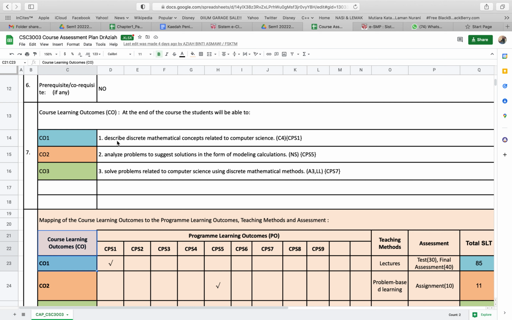We will introduce some theory, give you some problems, and based on your knowledge from the theory, you must be able to solve the problem. The last one is you must be able to solve problems related to computer science using discrete mathematical methods. If you notice, the code here is LL, long learning.